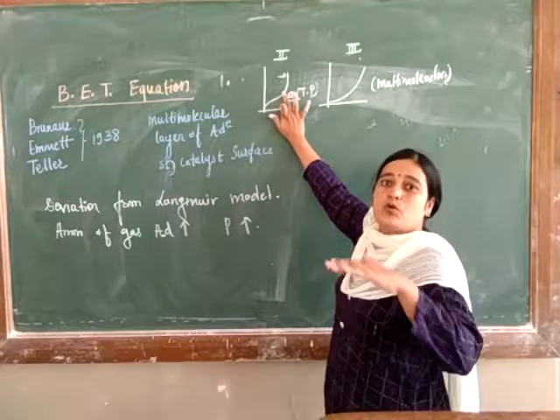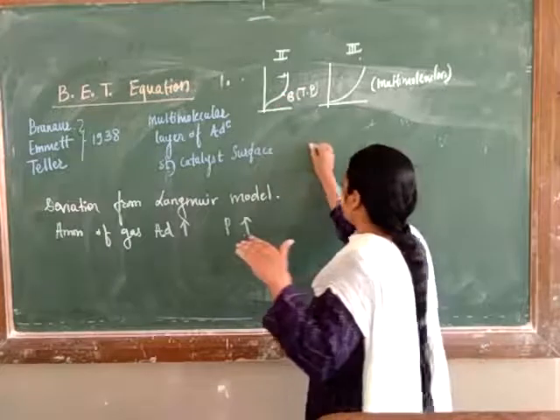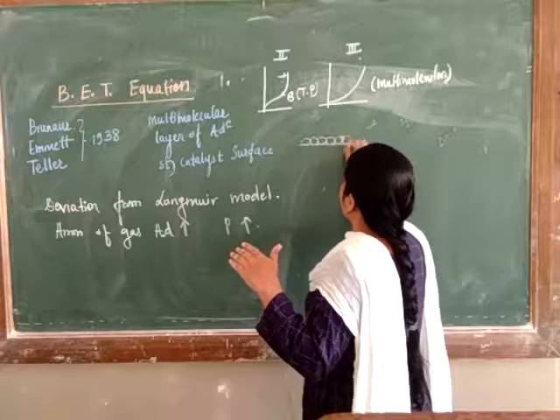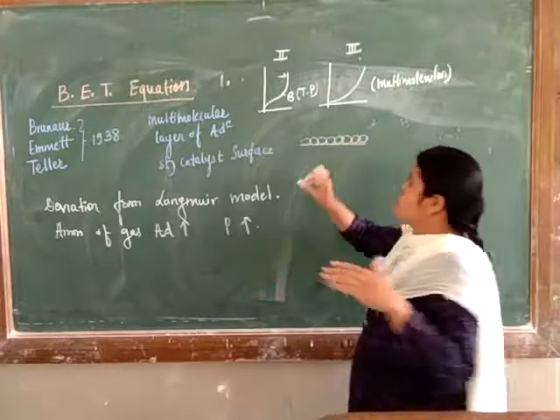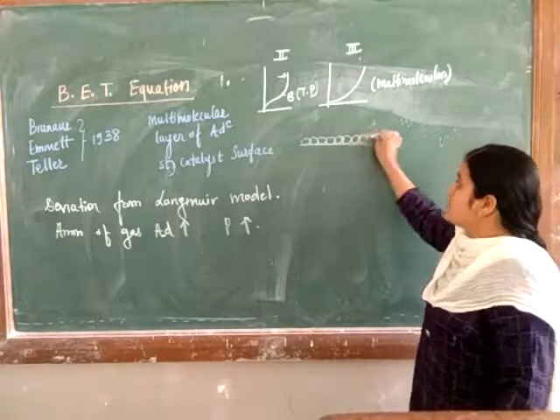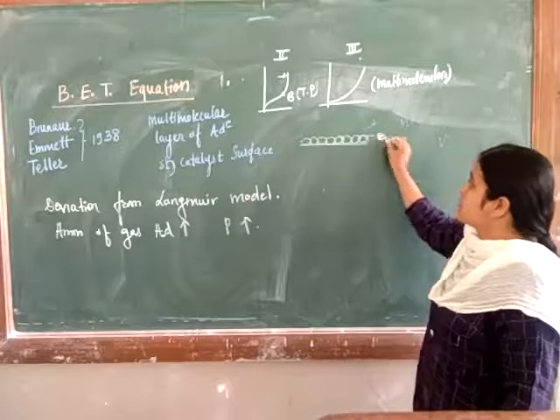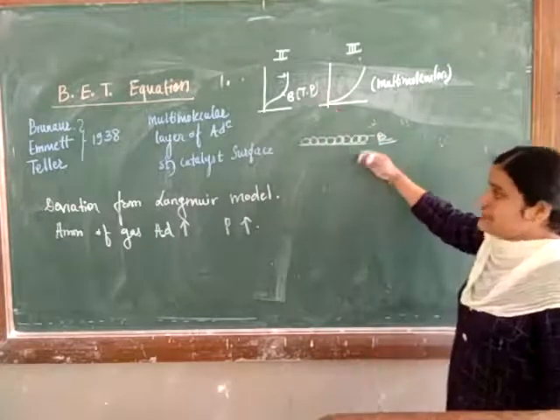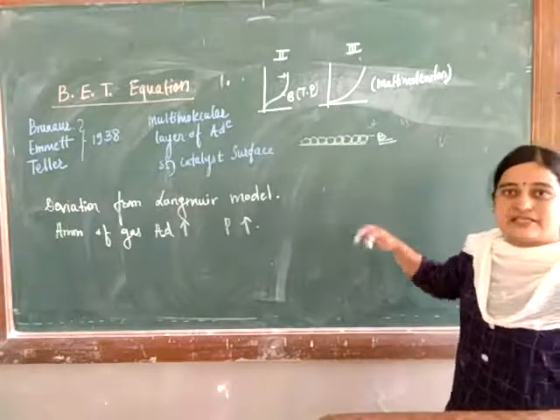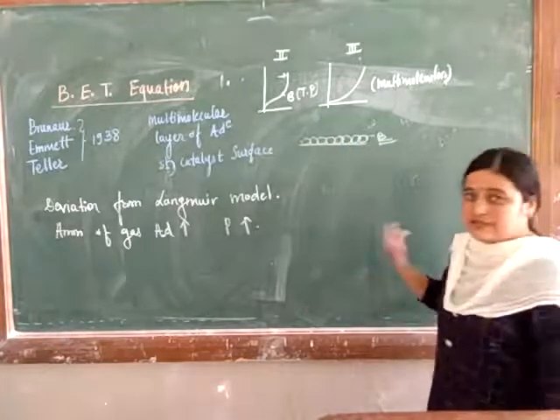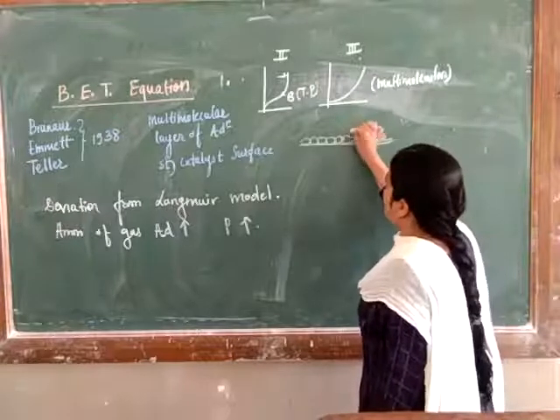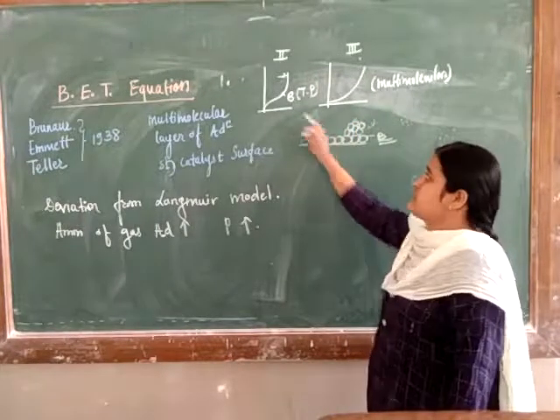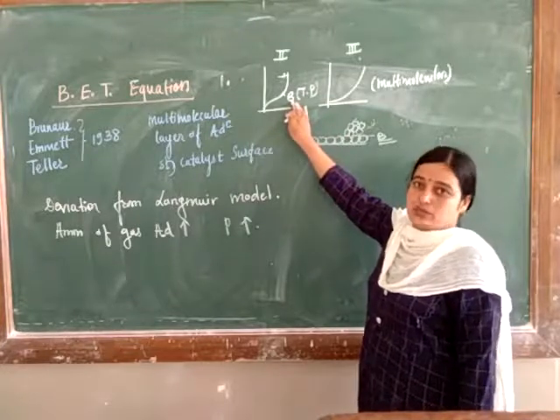First, a monomolecular layer forms on the adsorbent. When the monomolecular layer is complete, we reach a point called point B, our transition point. After reaching it, the complete surface area is covered by the monomolecular layer, and multimolecular layer formation starts. This we call a type 2 isotherm.